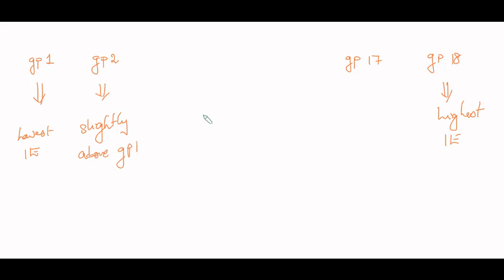So if I'm plotting a graph, I can have group 1 here at the lowest point. Group 2 will be somewhere here. Then I said group 18 is having the highest value. So I'm putting it here because this is the way our question has the graph. The highest value in our question graph will correspond to group 18.